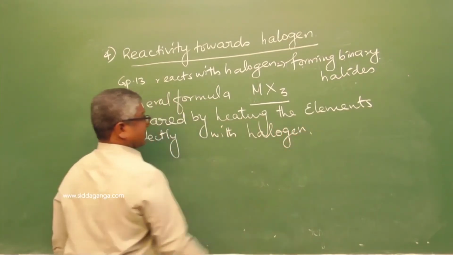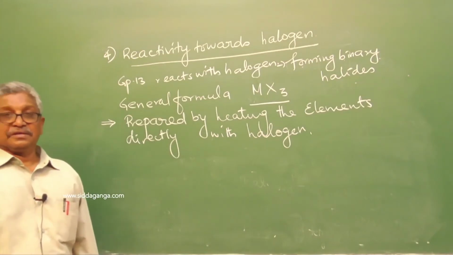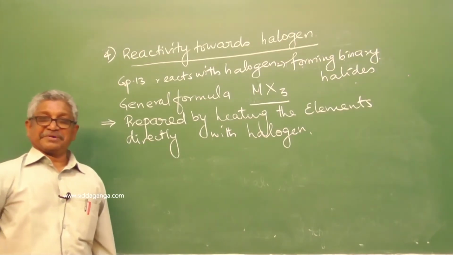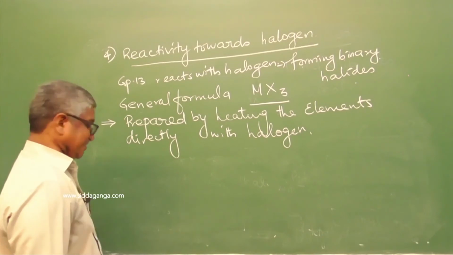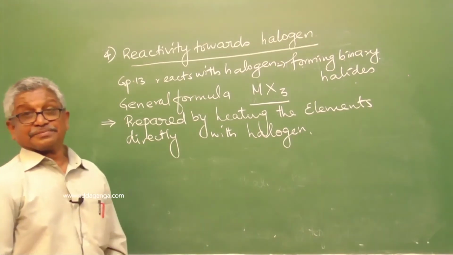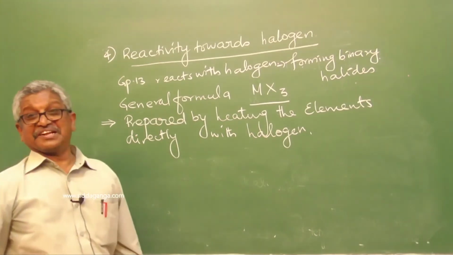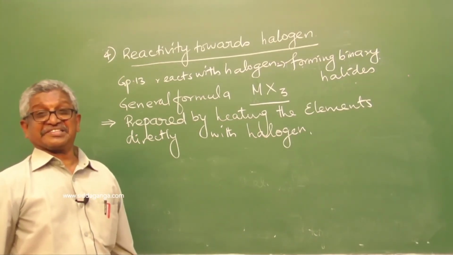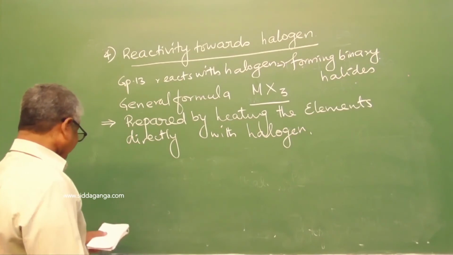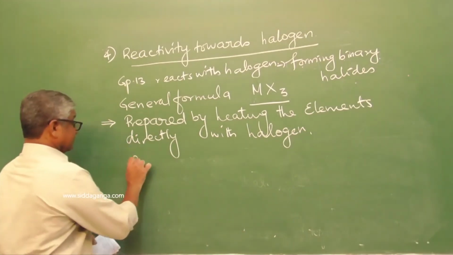Heating the element directly with the halogens. So if we heat a 13th group element directly with a halogen, we'll get binary halides. The general formula for the binary halides is MX3.